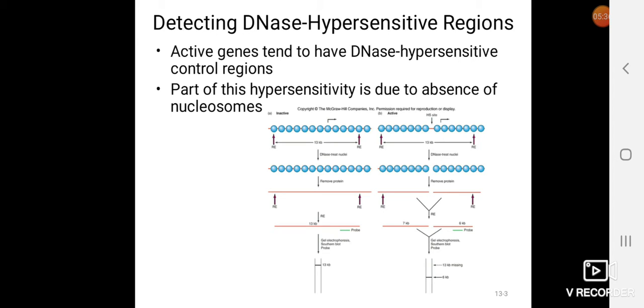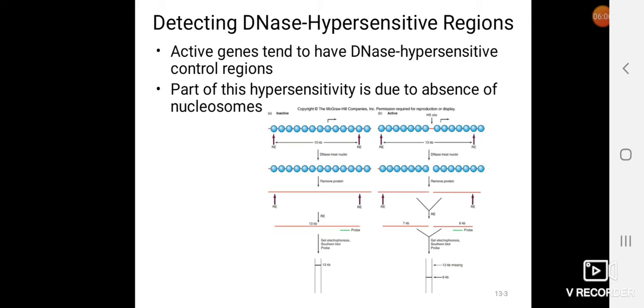So what they have done is they have taken the mini chromosome, having in one case the promoter region covered by the nucleosome, and in the other case a free region present in between. They have taken this 13 kilobase pair fragment of DNA and subjected it to restriction enzymes.